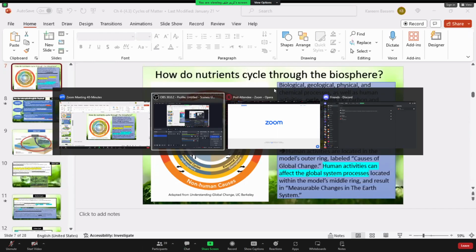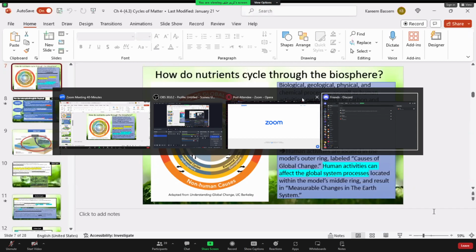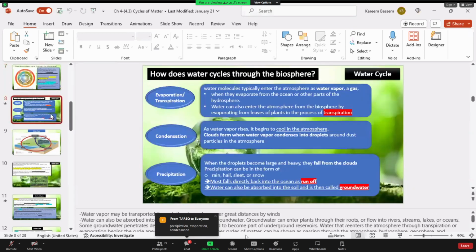We will proceed now. So we have three processes: evaporation or transpiration. We said evaporation is when this process happens for the water in oceans or other parts, but transpiration is when it happens for plants.